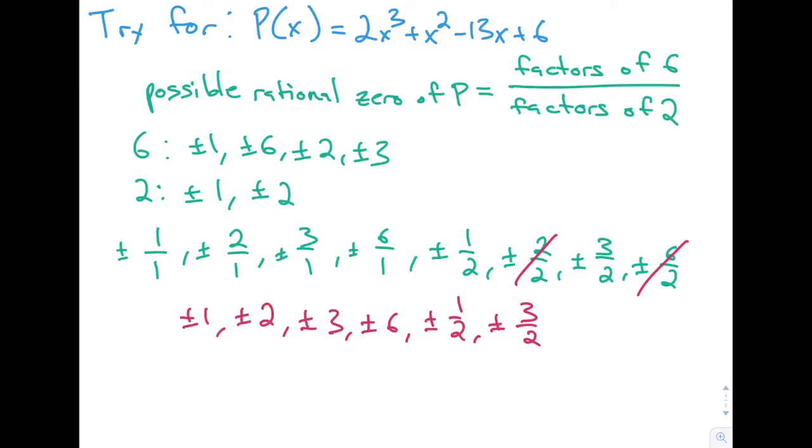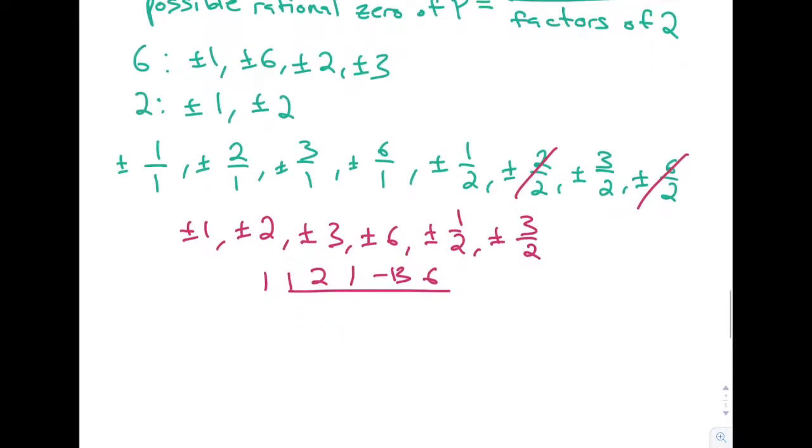So at this point we can grab one of these possible rational zeros and test to see if it is in fact 0. I think it's most convenient to use synthetic division here because that's quick and efficient. Let's start with just positive x equals 1. So we have 1, and we have 2, 1, negative 13, and 6.